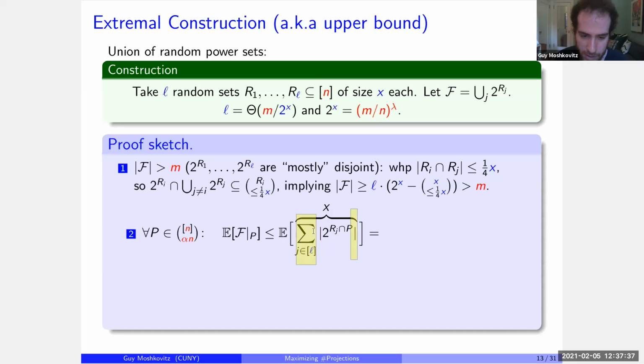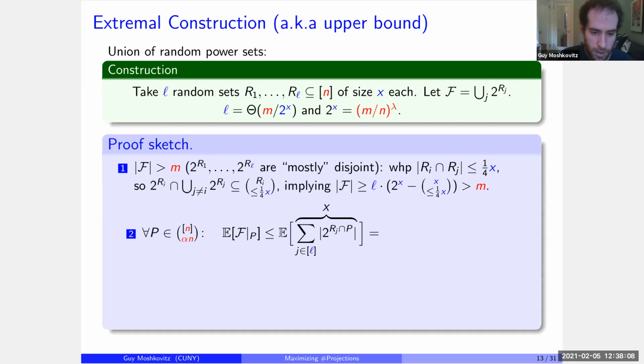And each power set, if you project it onto P, then what you're getting is another power set, of the intersection with P. It takes a second to see why this is true. Again, the projection of a power set is another power set.